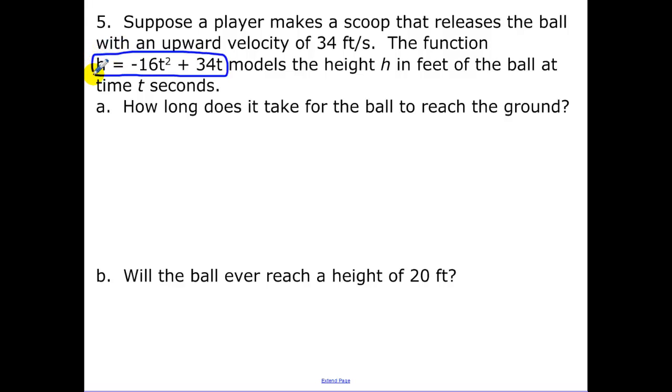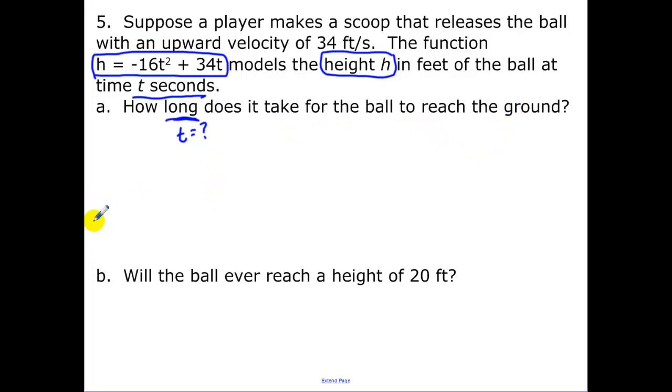So along our x-axis we have t seconds. After t seconds, we know the height of our ball. Now we want to know how long, which is a measure of time. How long does it take for the ball to reach the ground?